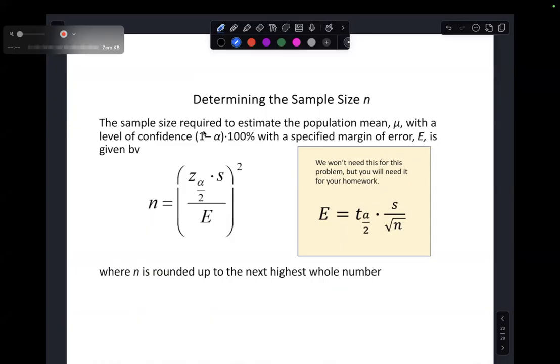So we take the critical value we find in the z-score, which is still alpha divided by 2, the same way we did it on Tuesday. Multiply it by the standard deviation, which is the sample standard deviation given in the problem, not the standard error or the new standard deviation. Divide it by the margin of error, then square what you get.